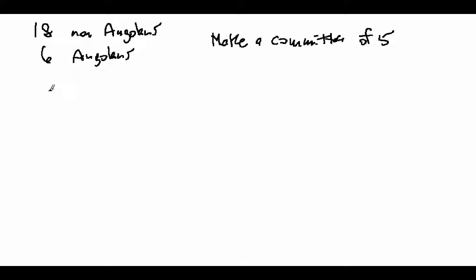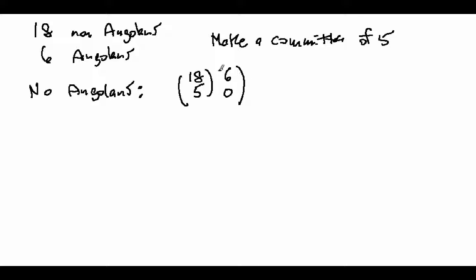Okay, so the way that we would have no Angolans, well, that would be 18 choose 5, and then for the Angolans, 6 choose 0. Notice that any time you choose something, if I go 6 choose 0, this number over here is just 1.